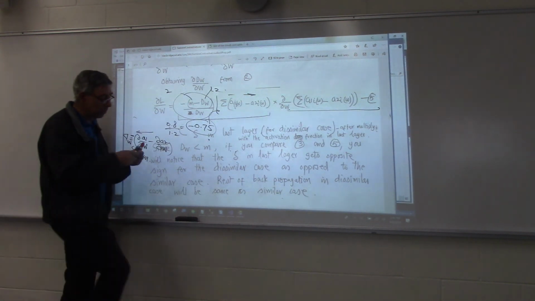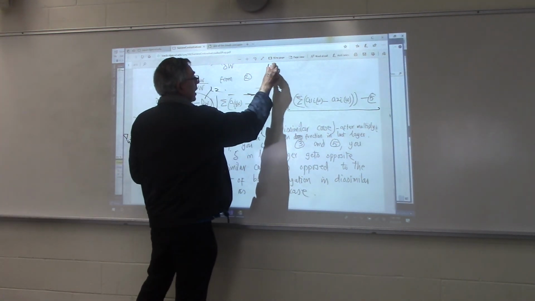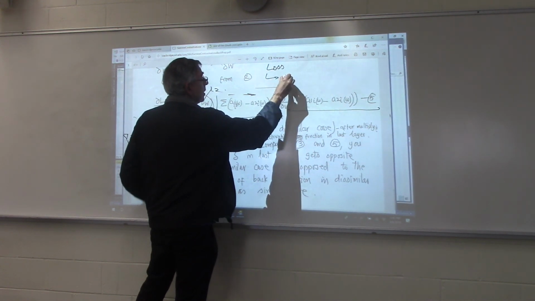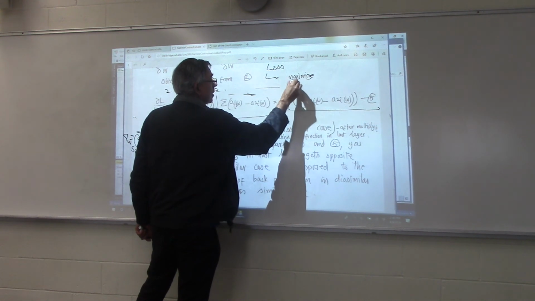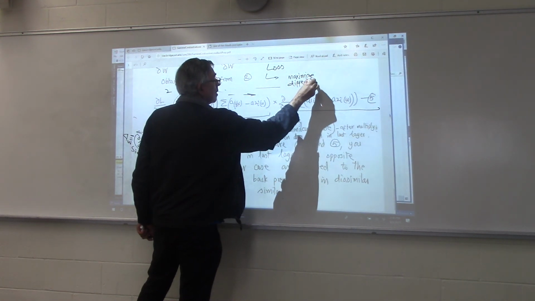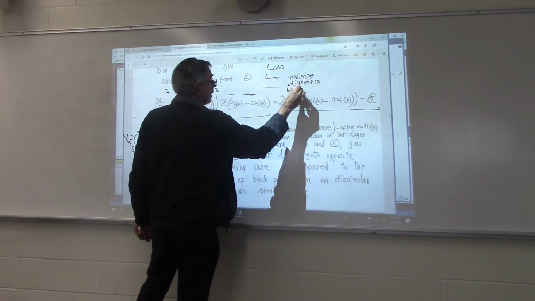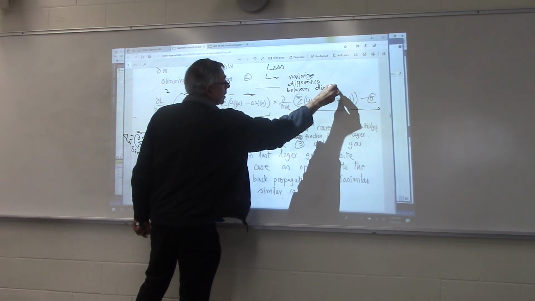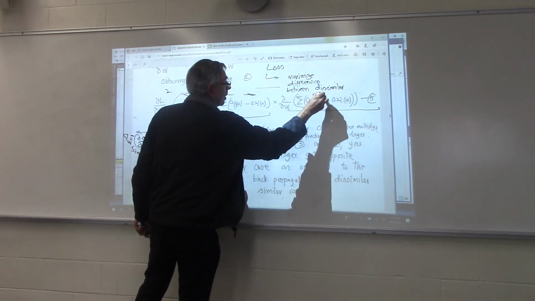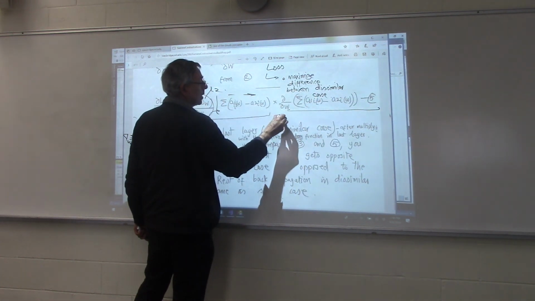So the loss function that we came up with, in plain English, what is it accomplishing? Essentially, maximize the difference between dissimilar cases. And then what else?